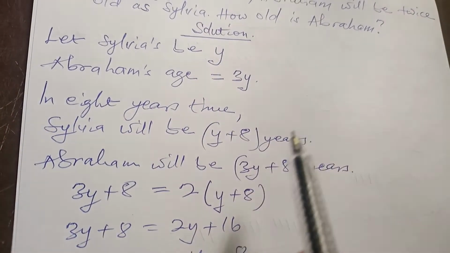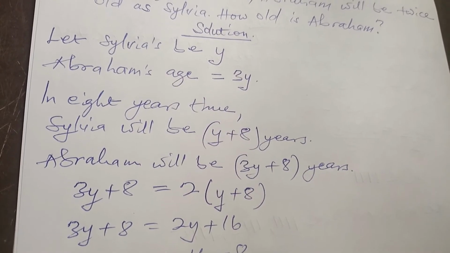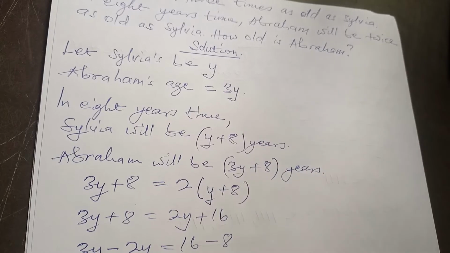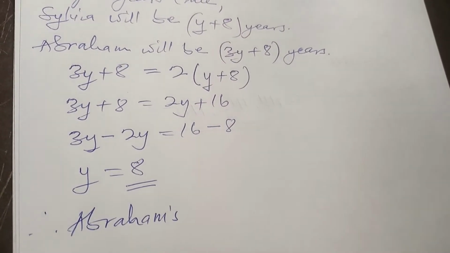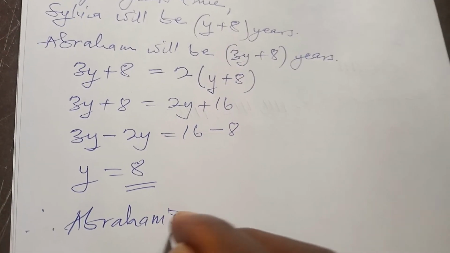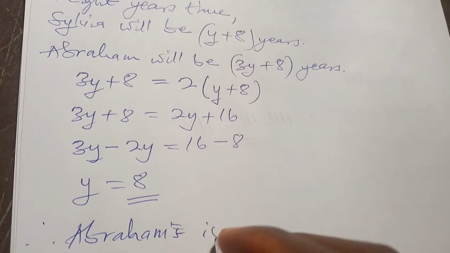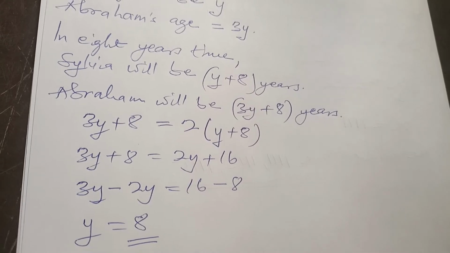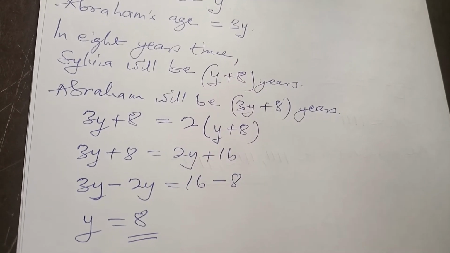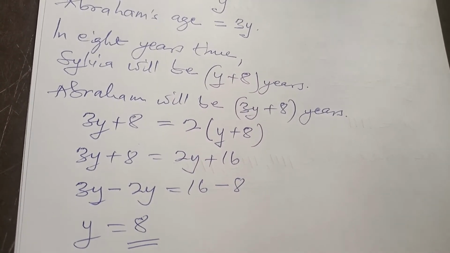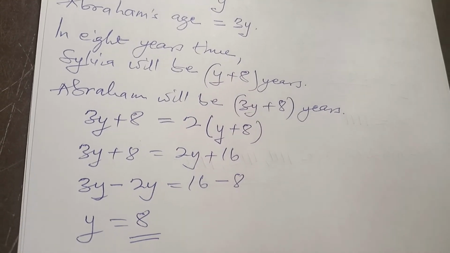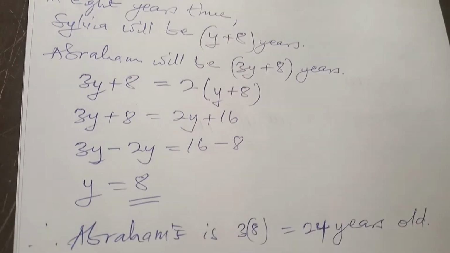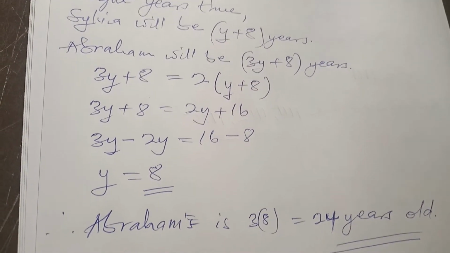That means Sylvia is 8 years old now. But the question is, how old is Abraham? Therefore, Abraham is 3 times 8, which is equal to 24 years old. And that is it.